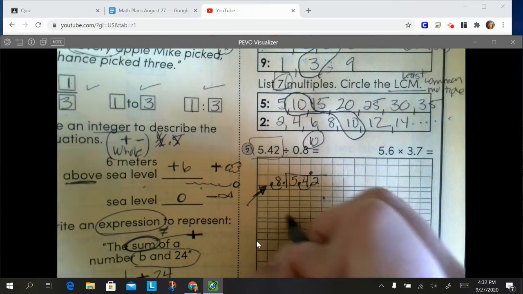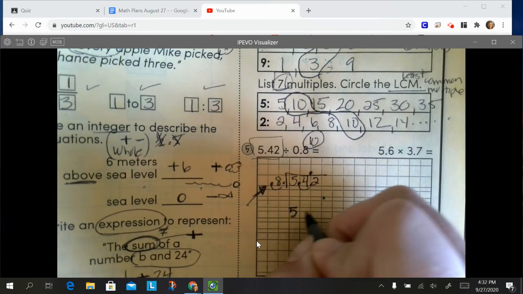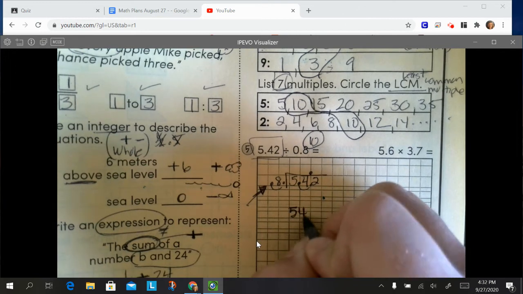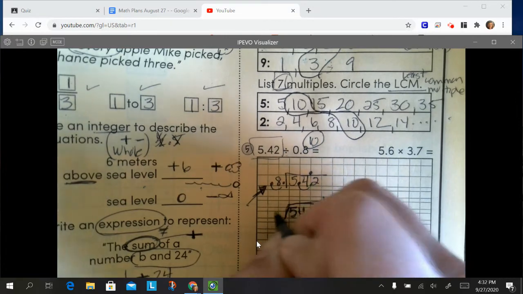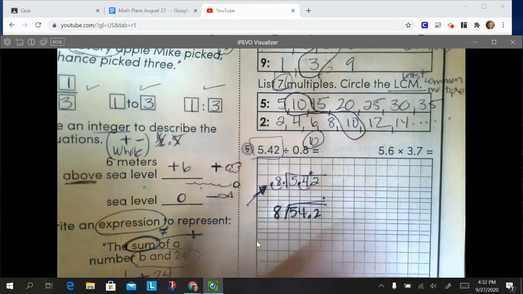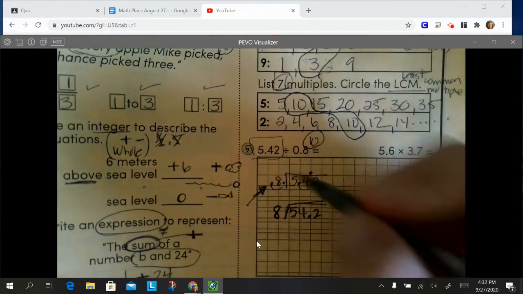Okay, and if we wanted to, we could rewrite our problem so it would look like this. 54.2 divided by 8. Okay, because you can't divide with this decimal out here. That's a problem.